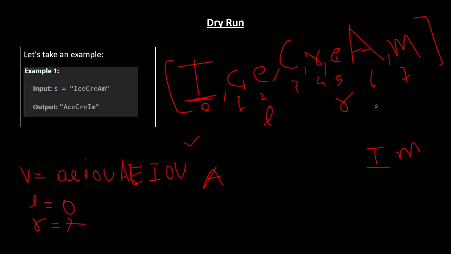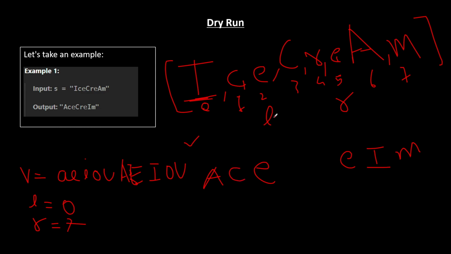Now E is also a vowel, R is also a vowel. We swap them. So E comes here, and this C will remain intact here, so no changes.